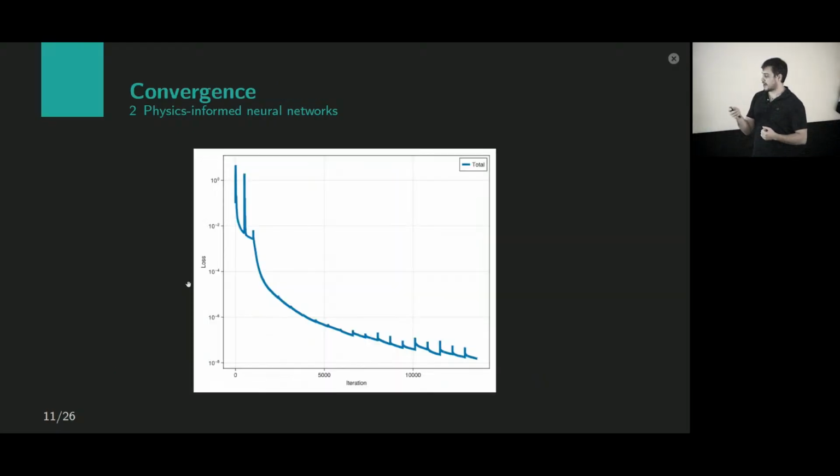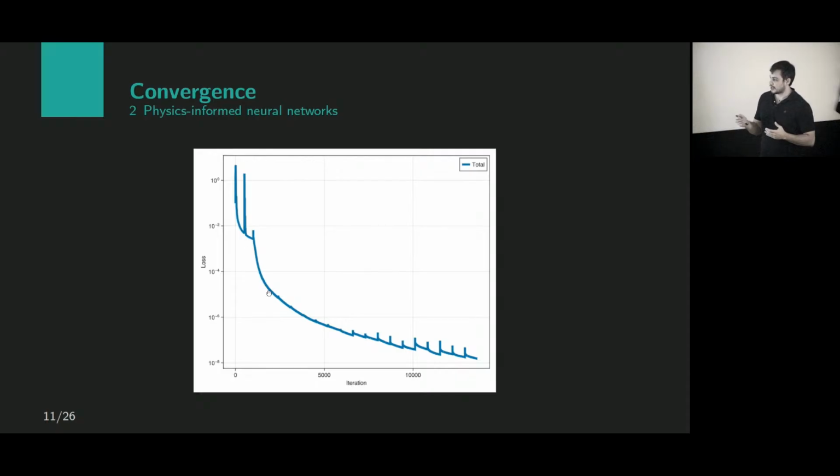This is an example of how the process evolves when you do this. So as I said, training is an iterative process. You just iteratively correct the parameters that form your neural network, and as you do it, the loss function reduces, which means that the residual of your differential equation when you use the neural network instead of the actual solution goes closer and closer to zero, which is what you want.